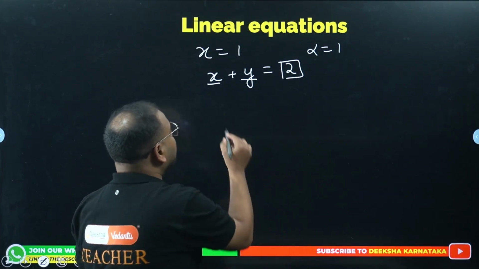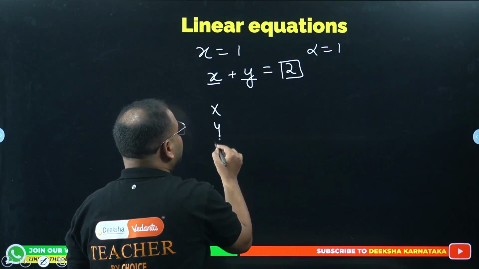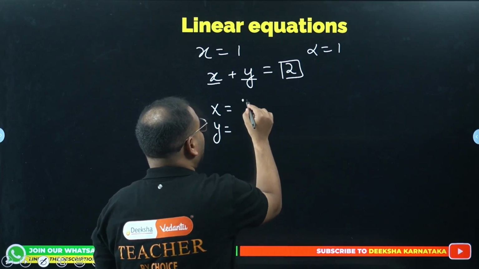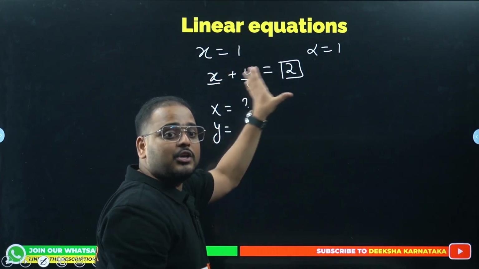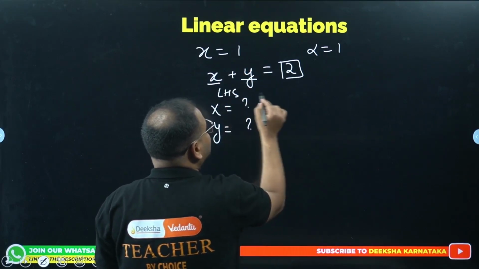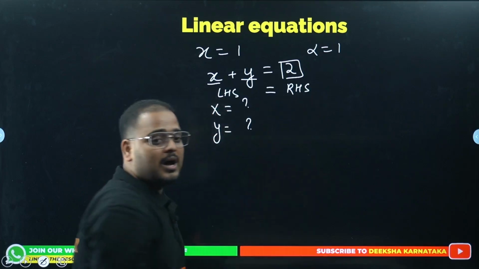The solution for a linear equation in two variables are those values of x and y which will make this equation equal on both sides. So if this is LHS and this is RHS, LHS will become equal to RHS.